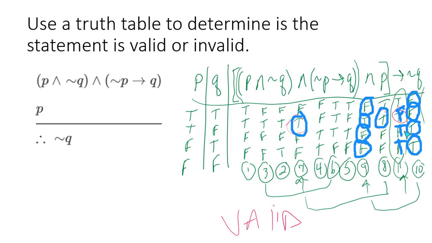And false and true is true. And then the one that we're looking at is this one and this one, which gives us false. So it's okay. So this is going to be invalid. And let me just write invalid, in case you're going to go back and review this.